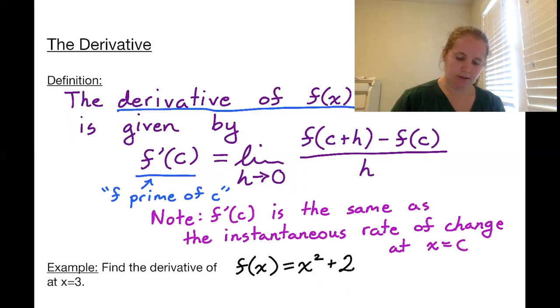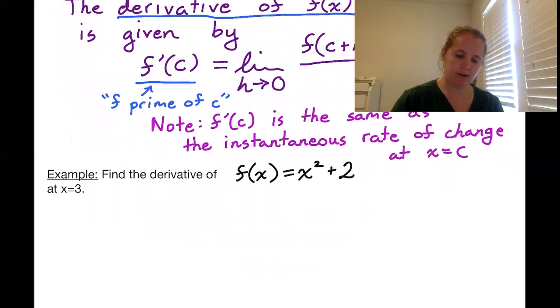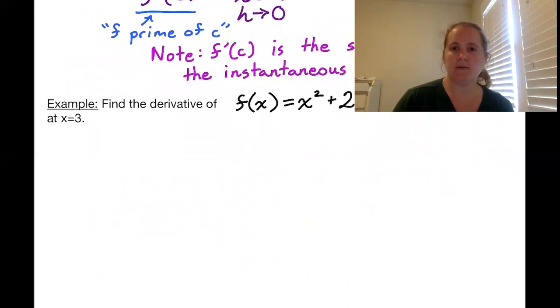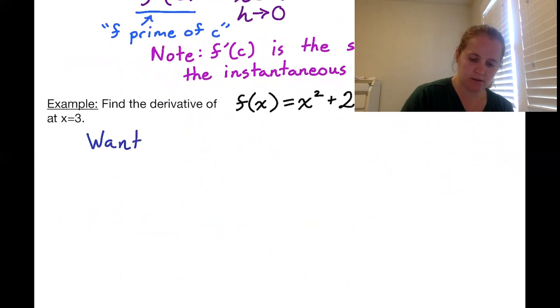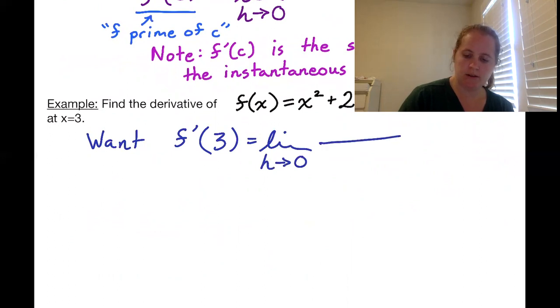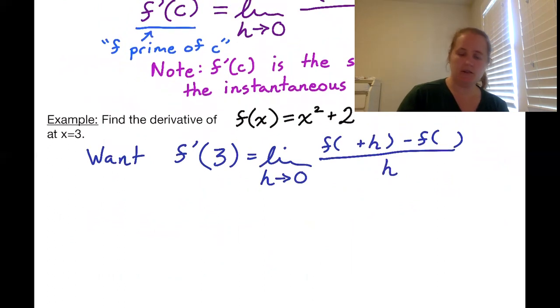So for an example, let's go ahead and find the derivative of f of x equals x squared plus 2 at x equals 3. So we want f prime of 3, which we know is equal to the limit as h goes to 0 of f of something plus h minus f of something, and then we're dividing by h.